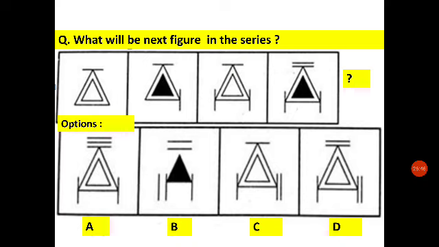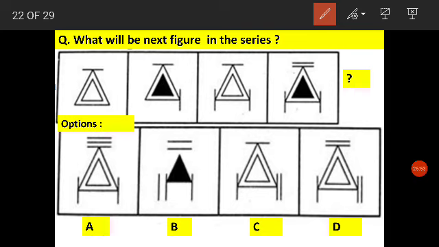Now in this question again we have to find out a figure which is missing. Firstly you see the major differences. There's a bar here, there's a bar here, then one more bar, there's a bar here, one more bar, but then some difference in the color of the triangles.